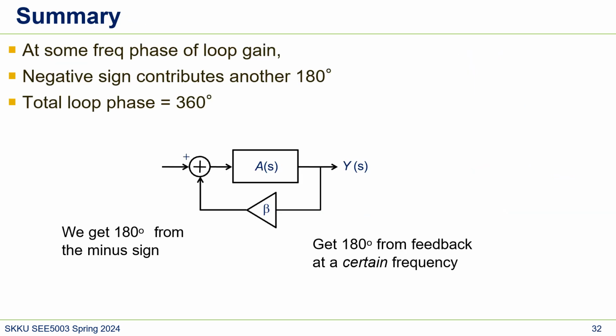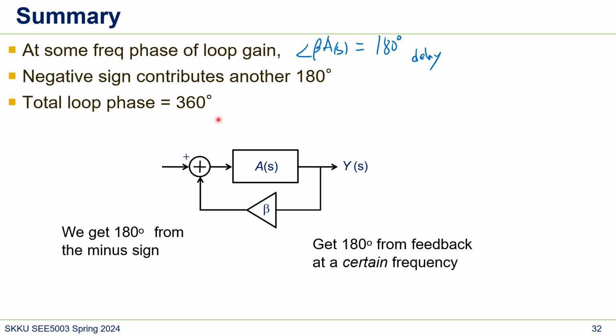So in summary of the positive feedback in terms of phase, at some frequency, the phase of the loop gain, usually from the amplifier, is like delay, and then the negative sign contributes 180.